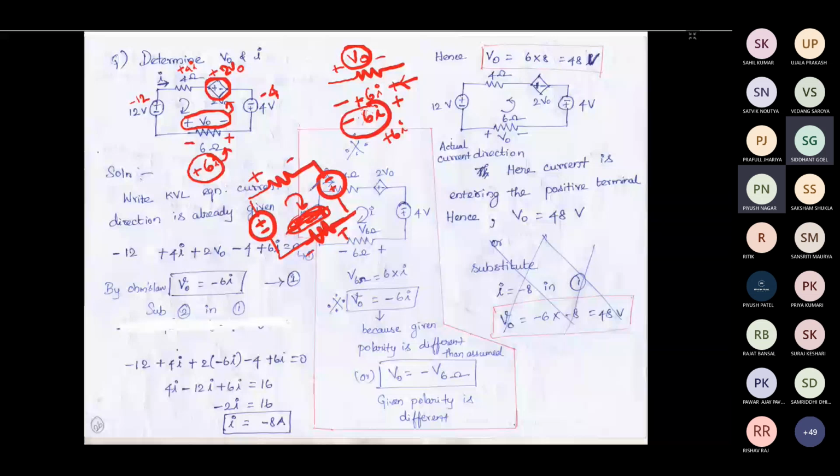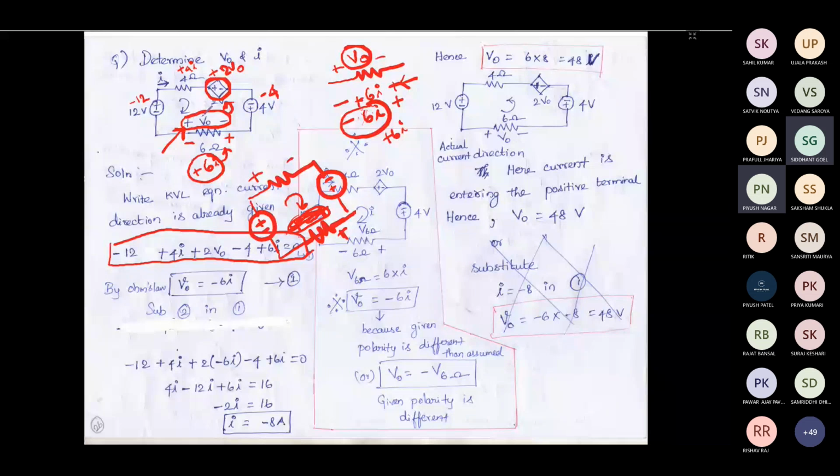But when I want to write the voltage for this, that is the V naught, the V naught polarity is given in this direction. So here I need the V naught. When I want to write it for the dependent voltage source, I should consider the polarity also.